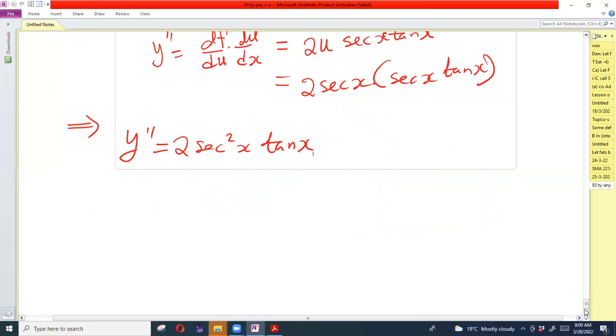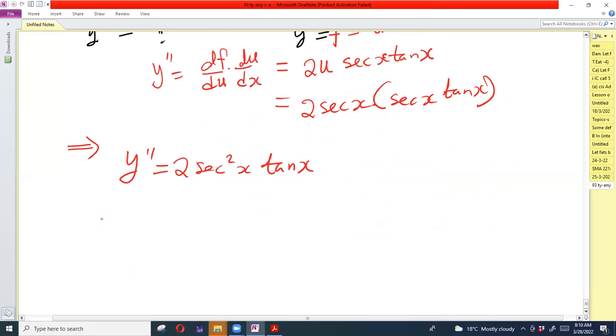Now, the third derivative will be given by, so we can let this one be u, let this one be v. So u prime v plus v prime u.